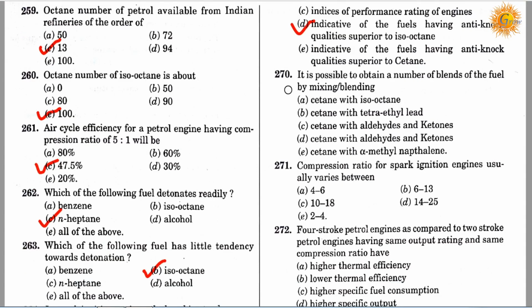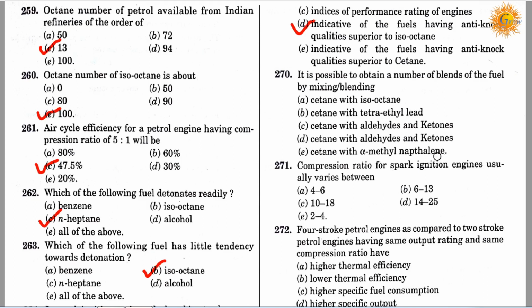Question number 270. It is possible to obtain a number of a blend of the fuel by mixing or blending. Option A, cetane with isooctane, option B, cetane with tetraethyllead, option C, cetane with aldehydes and ketones, option D, cetane with aldehydes and ketones, option E, cetane with alpha methyl naphthalene.